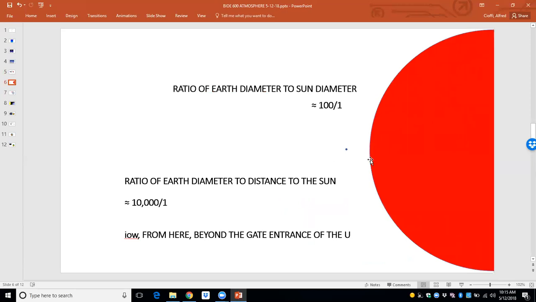The sun rays arrive at the Earth almost parallel. Of course, it's a radial pattern. In other words, the sun rays are going out of the sun in a spheric fashion.